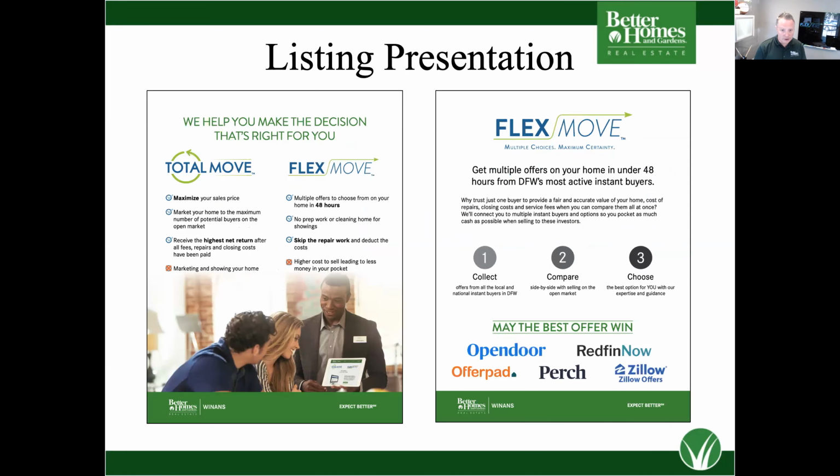So we are creating 2 new pages in the listing presentation that are going to go into the determining value section of our listing presentation, okay? They're going to be right in there, kind of before your CMA, before you show your comps and things like that, okay? And so the first page shows the 2 different approaches. You start off by saying, Total Move is everything I just showed you.